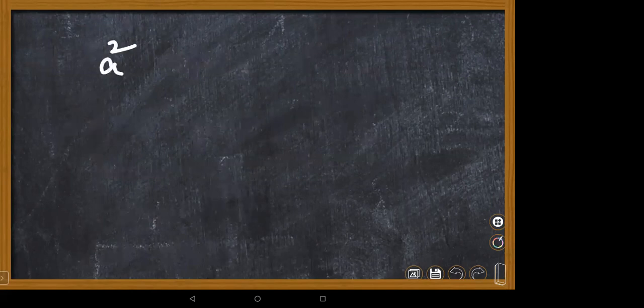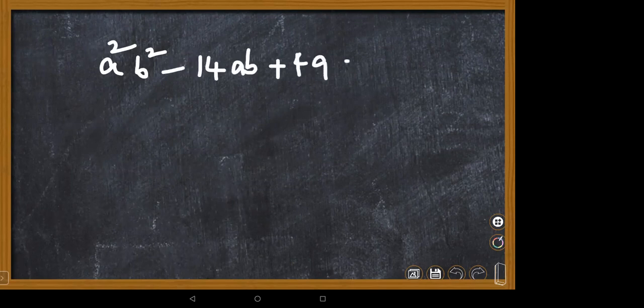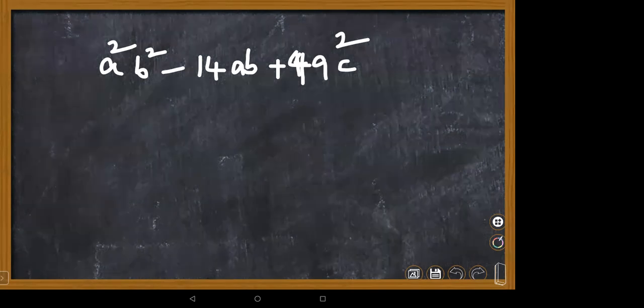A square b square minus 14abc plus 49c square. This is 49. Which identity can I use over here? Ma'am, can we do x plus a into x plus b?